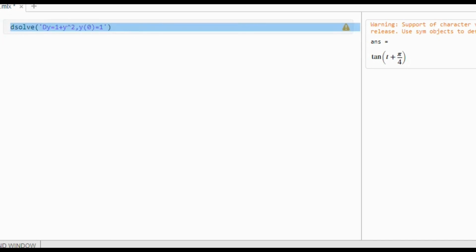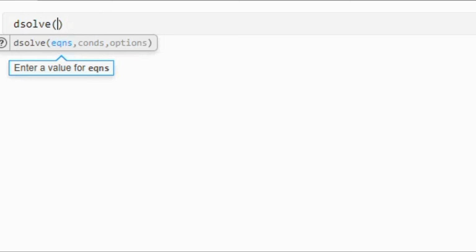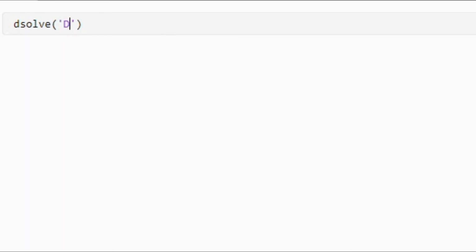Now we'll take another differential equation. dsolve inside the parenthesis, inside the double quotation mark you'll write D2y plus 3 multiplied by Dy plus 2y is equal to 10.